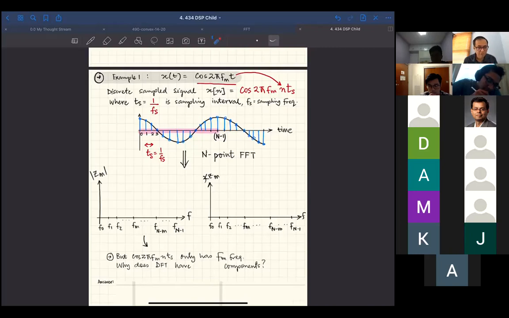Which frequency? Let's see, like 1, 2, 3, 4, 5, 6. Remember, this is Fm. Oh right. I guess 6 over Fs, or no, just 0.6 on the graph. Okay. Adil, I think you are roughly on the right track.